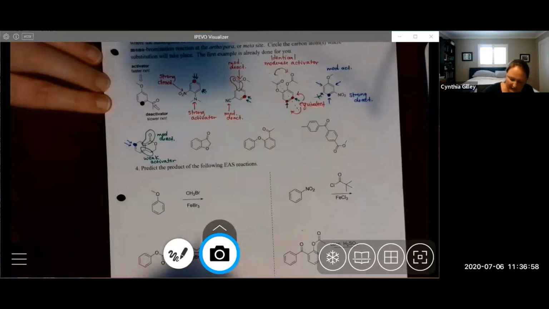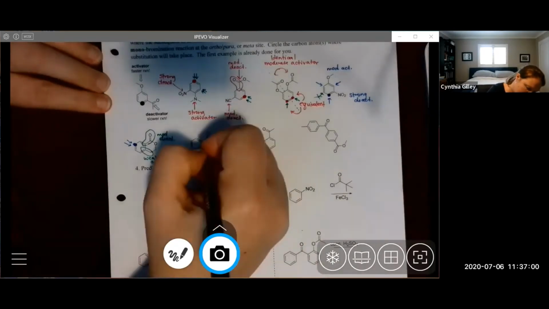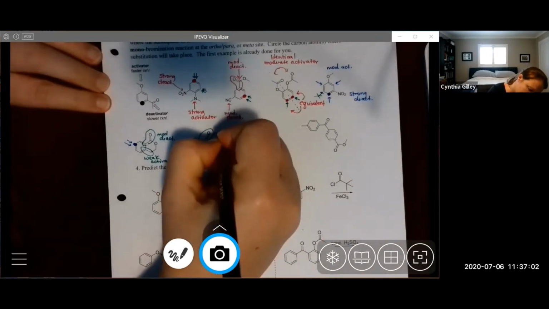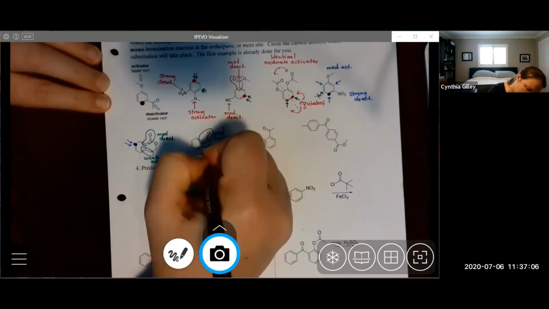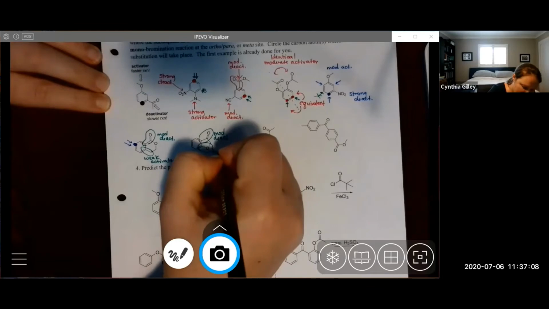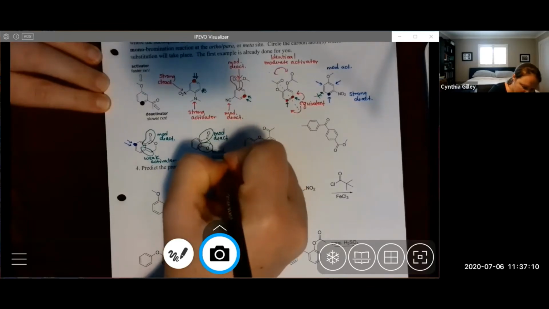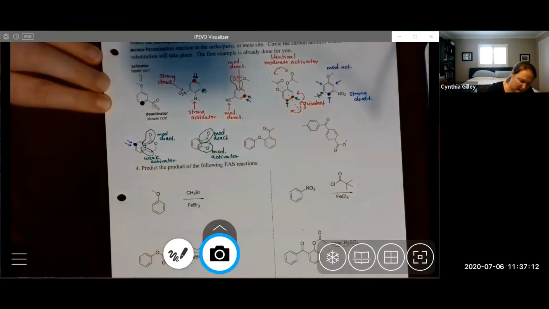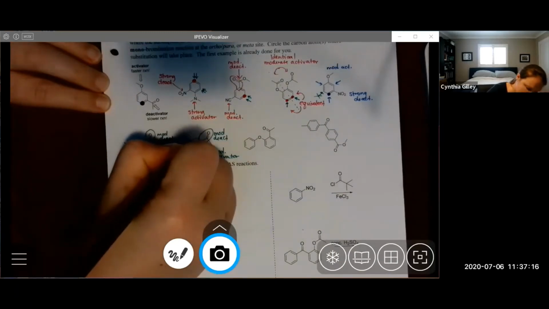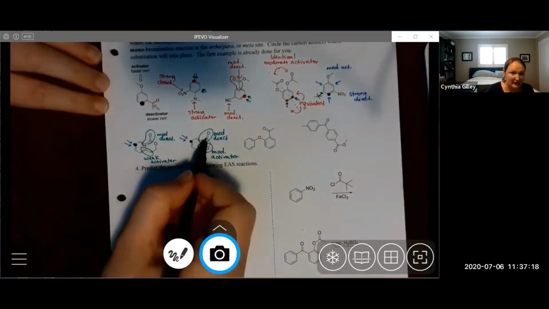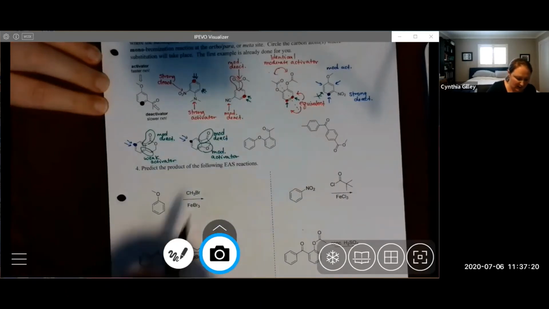Same thing here, really. This is a moderate deactivator and a moderate activator. So they're both, again, directing to the same position. Meta to the deactivator and para to the activator.